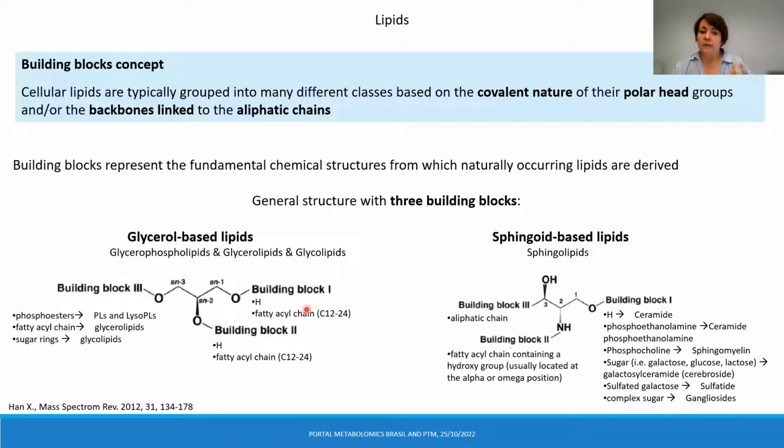the idea, the concept of building blocks basically refers to an idea that there are some basic parts, basic bits of the molecule to which we will attach different blocks, and depends what are those attached blocks, we will create other phospholipids or glycerolipids or glycerophospholipids.